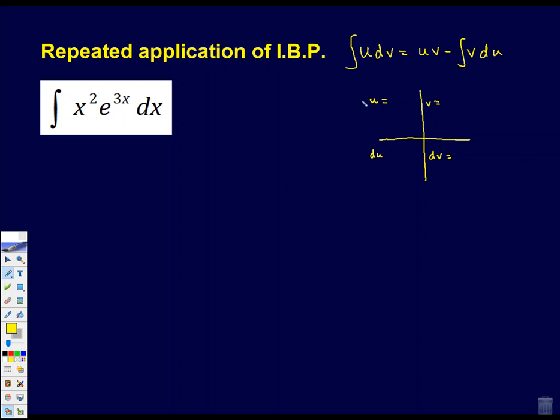And remember, u and dv are parts of the original integrand. And I think the last video pointed out that we probably want to pick the exponential function as dv, and we want to pick x squared as u, simply because its derivative is easy and it's one power smaller.